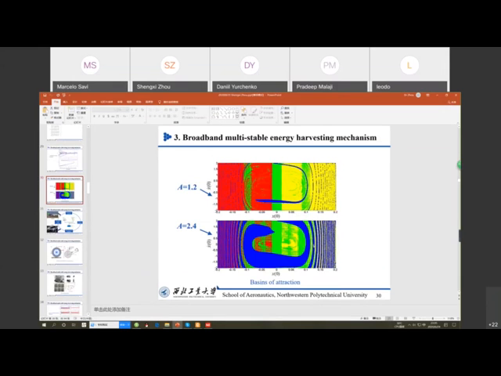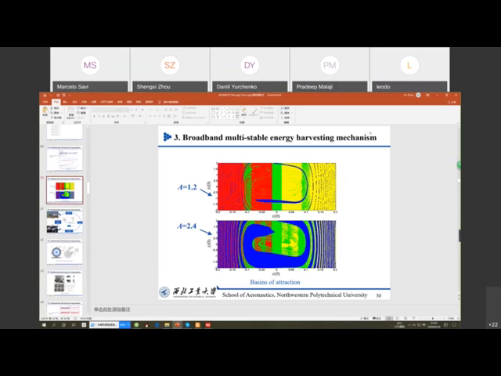of attraction. So physically, the impact changes the motion of the harvester, but mathematically it changes the displacement or velocity.